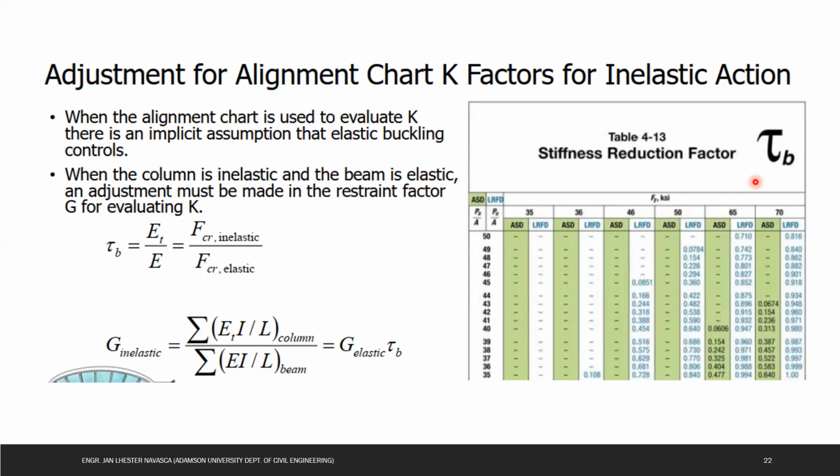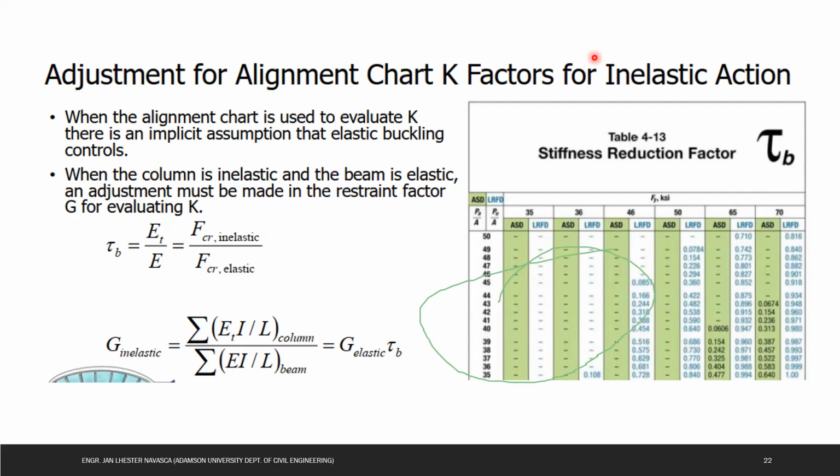So when the column is inelastic and the beam is elastic, an adjustment must be made in the restraint factor G for evaluating the value of K. So what if the conditions in our frame are inelastic, and the conditions for our beam are elastic?